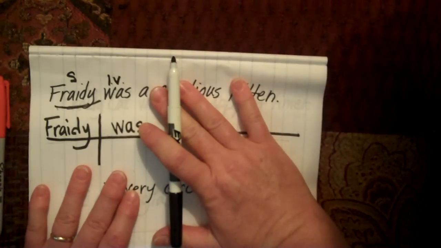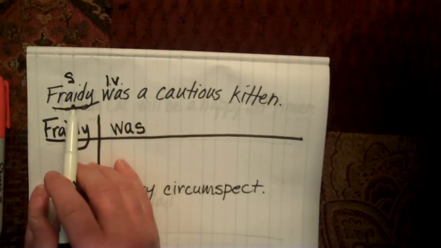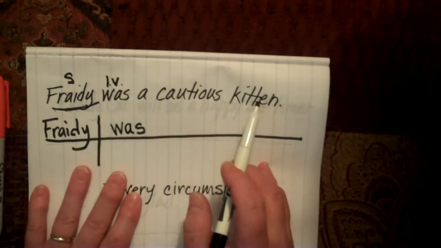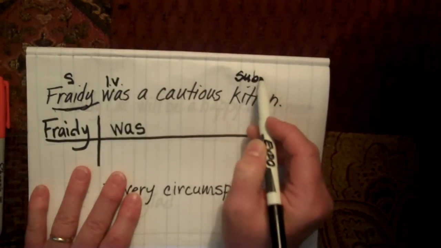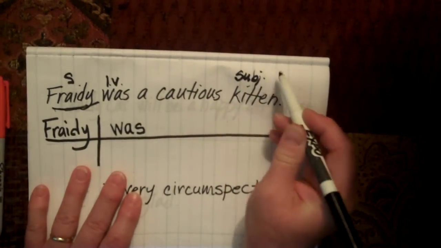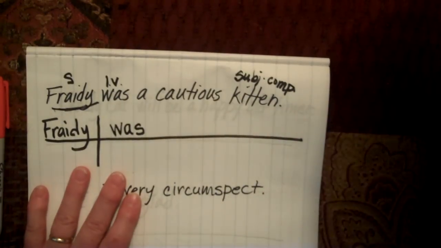It's not complete. You need a subject completer when you're using a linking verb. So Fraidy was what? Fraidy was kitten. Kitten is the subject completer. Okay? The sentence makes sense when you have a subject completer with a linking verb.